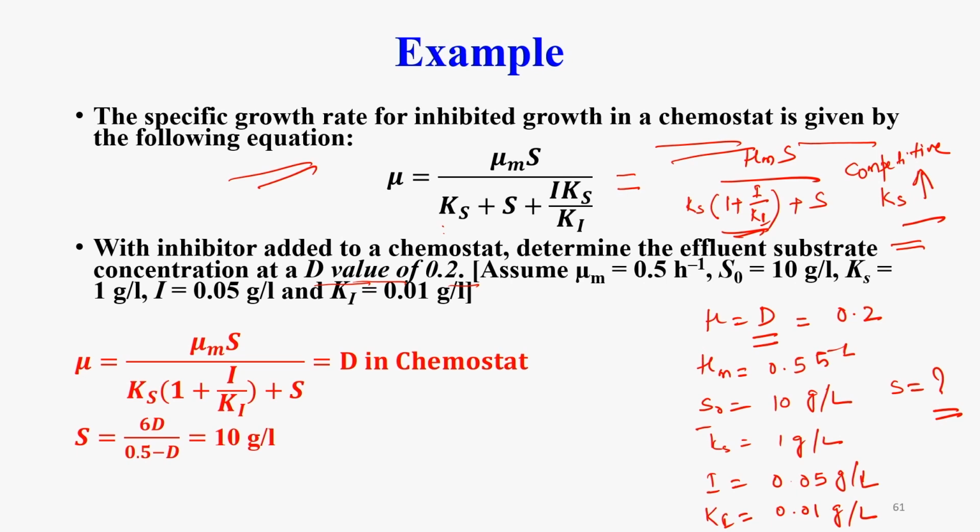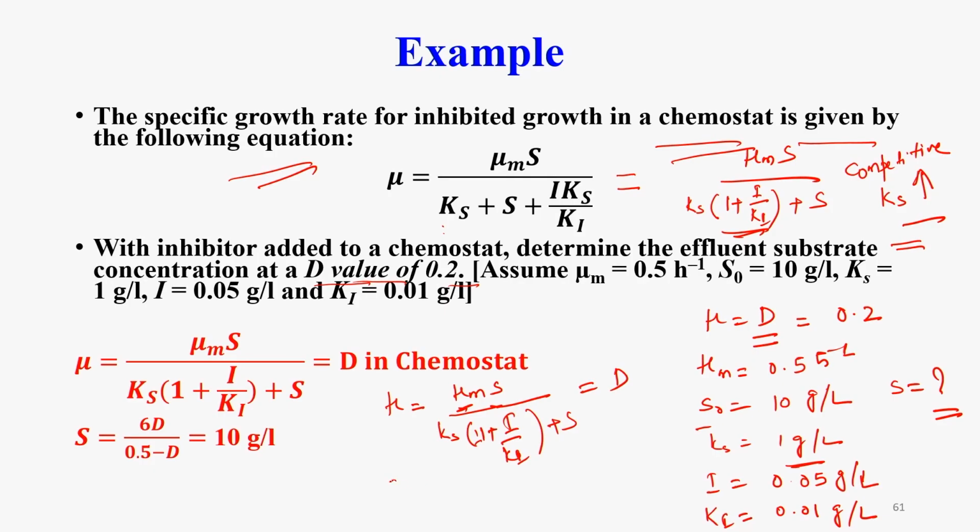So, we can apply this simple expression, it is already given, competitive inhibition. So, mu equals mu max S divided by Ks times 1 plus I upon Ki, plus S, and this equals D. Mu max value is 0.5, I value is 0.05, Ki value is 0.01. So, this will become 5 plus 1, 6, and Ks is 1. So, this will be 6.